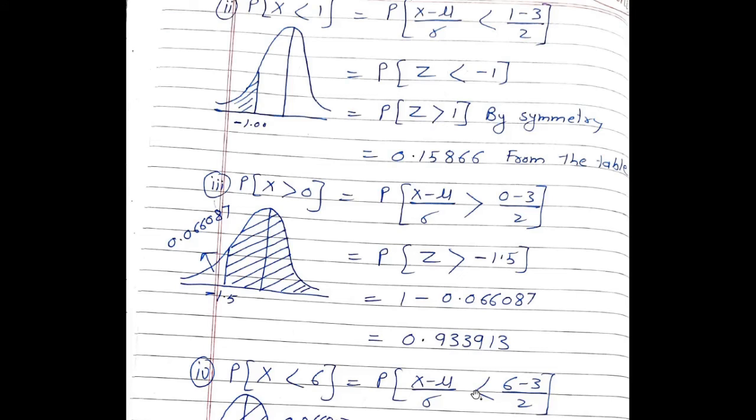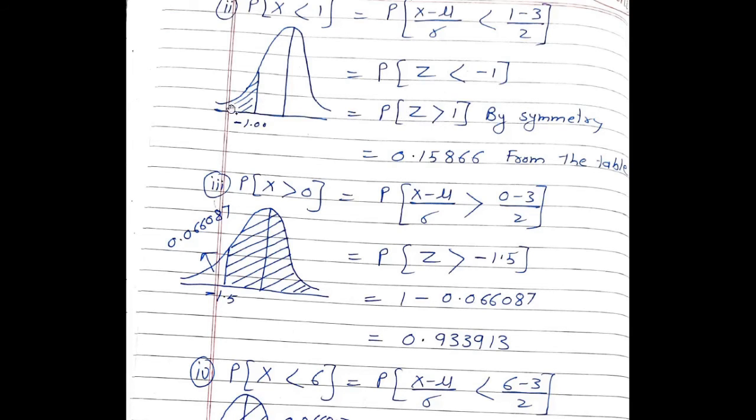Then the next part of the problem, probability x less than 1 is equal to probability x minus mu upon sigma less than 1 minus 3 upon 2. So we can write this as probability z less than 1, which is exactly the same as probability z greater than 1.